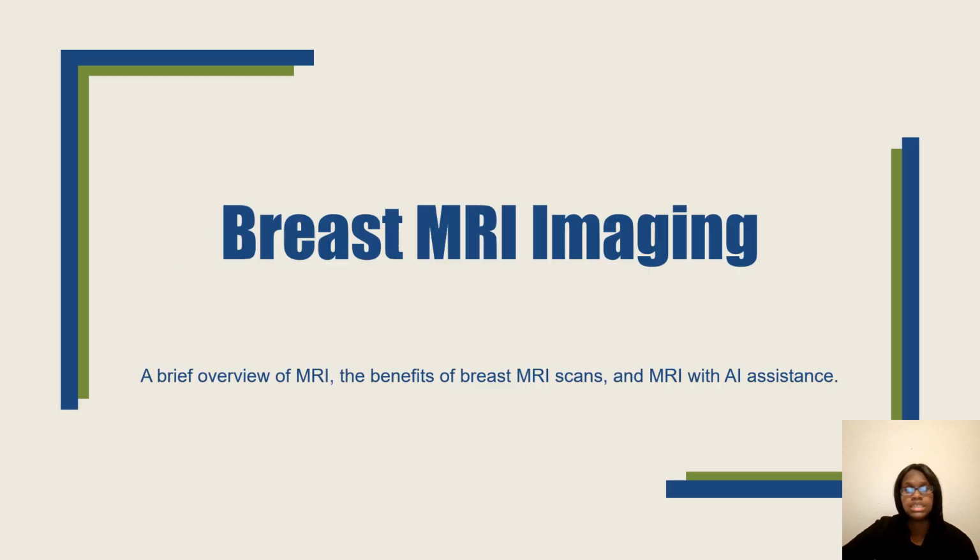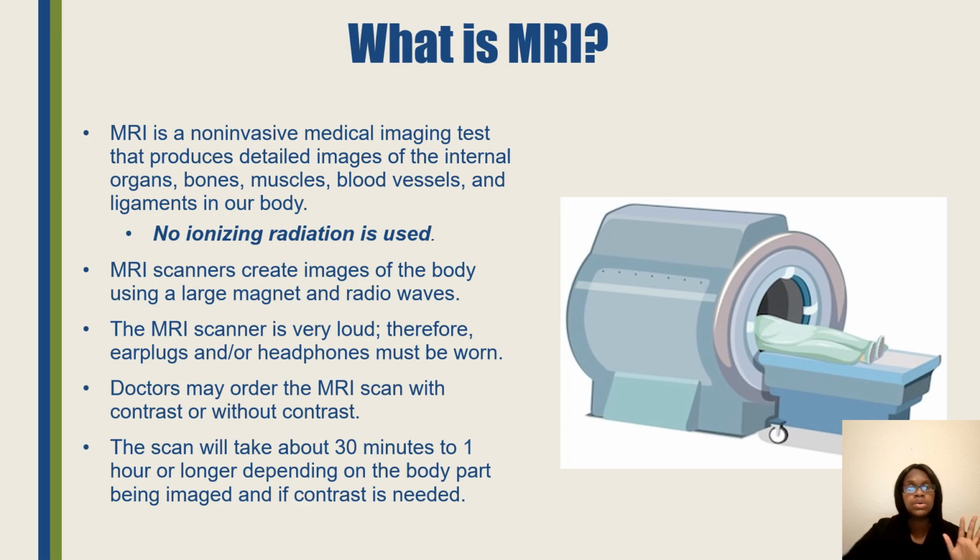In breast imaging, let's talk about just a quick overview of MRI, because I can do a separate video on MRI and breast MRI if you want me to. So basically, MRI is a big giant magnet machine. It can image any body part. When it regards the breast, it can be used for personal history of breast cancer, a patient who was just diagnosed with breast cancer, or someone who has breast implant problems.